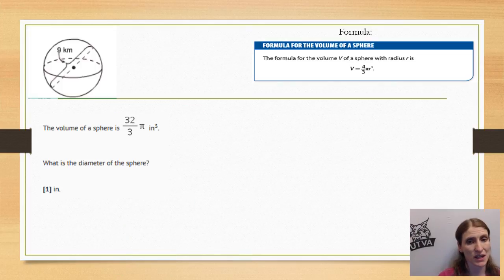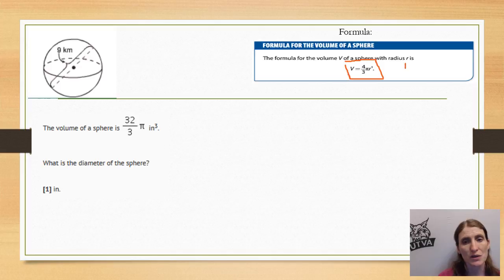Now, spheres are unique. Spheres are their own thing, just like circles are their own thing. Okay, so you're going to notice that this formula is a little bit different. In particular, you can see that we have a 4/3 pi r cubed. Now, that's kind of hard to see.